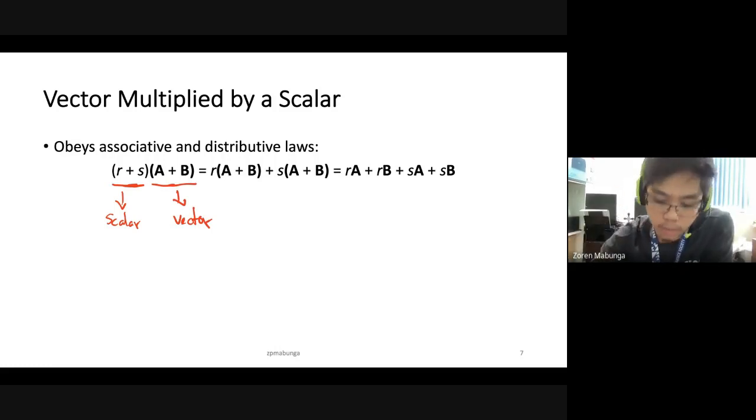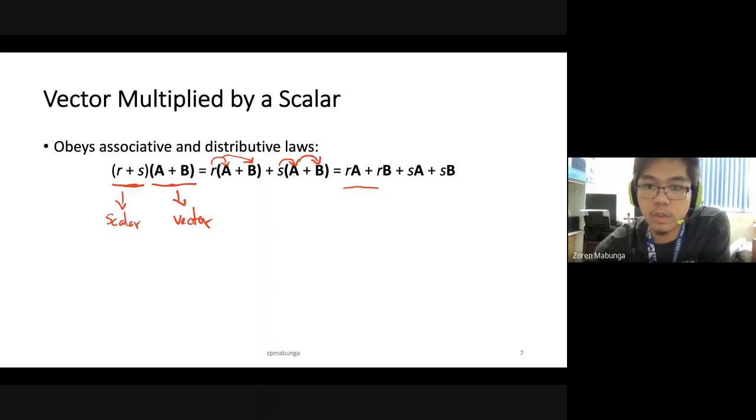Okay, so for this, it's just like simple algebra. Distribute, it's just multiplication of a binomial. So R multiplied by A plus B, plus S multiplied by A plus B. Then you can distribute the scalar inside the parenthesis, and the same with S because it is a scalar quantity. It's a different matter when it is vector to vector. This is only applicable when you multiply a vector by a scalar.